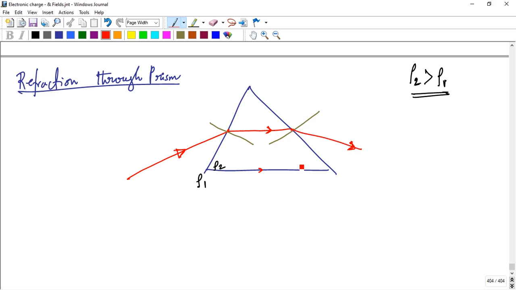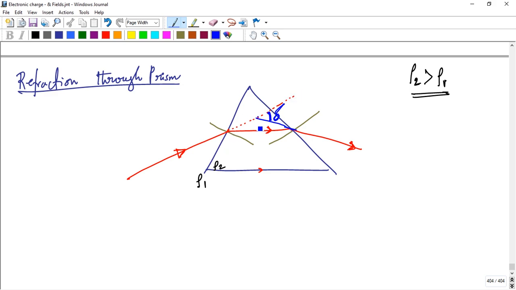Okay, and if these two media, rho 2 and rho 1, are the same, then light travels straight with no deviation here. Okay, so there is no deviation. The deviation is called delta.